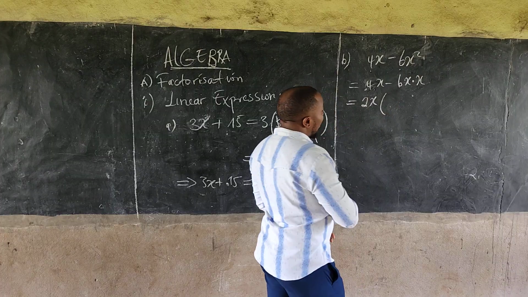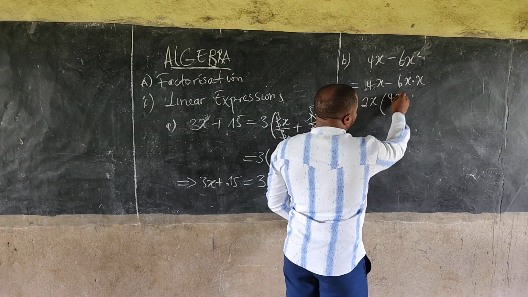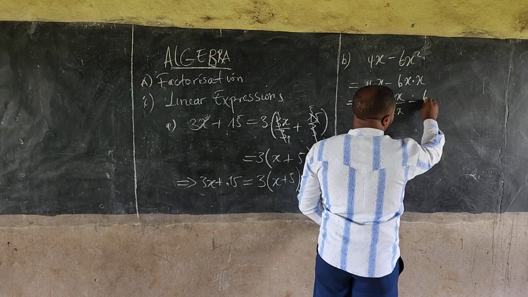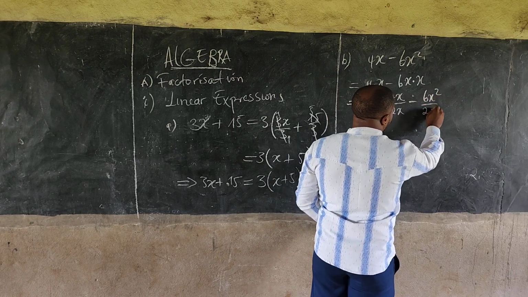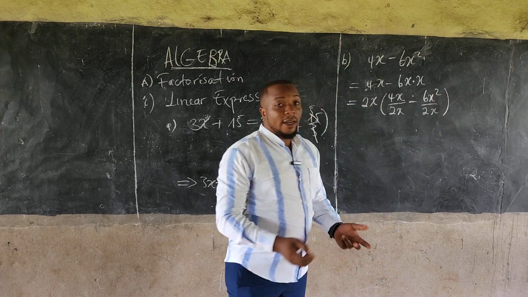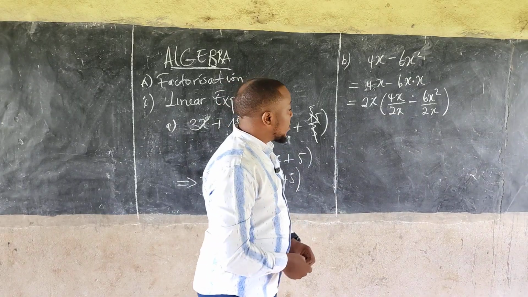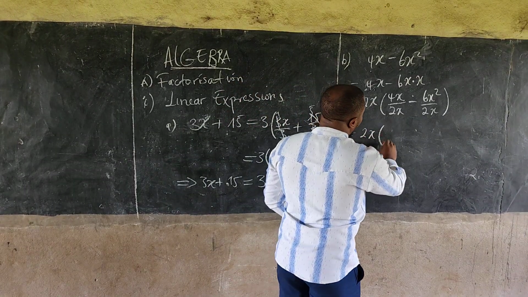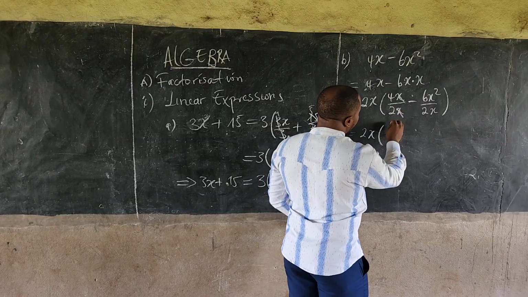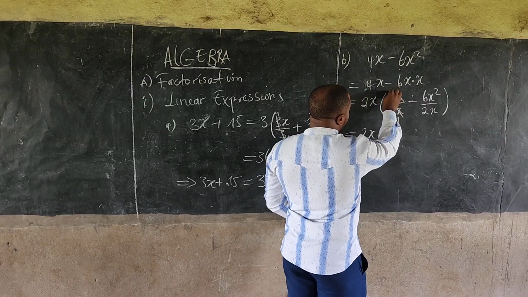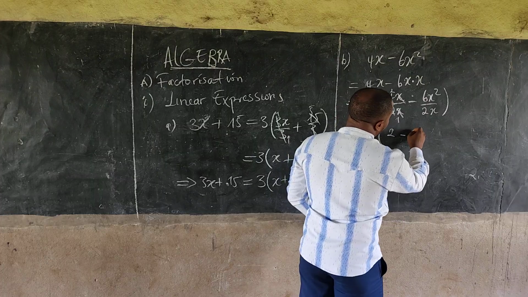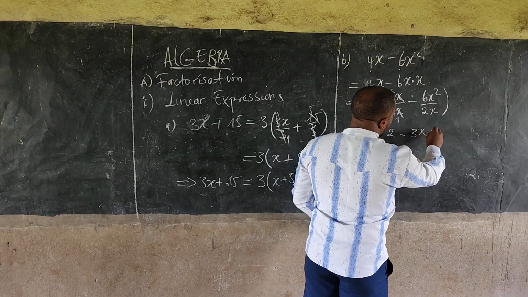So we carry out the same procedure. So we divide all the terms by the highest common factor. And if we simplify that, we have 2 minus 3x.